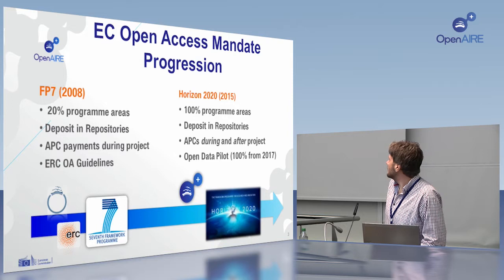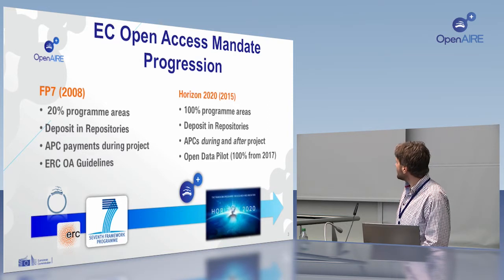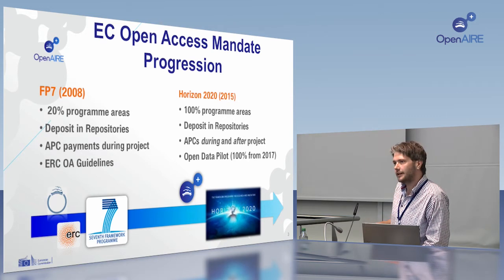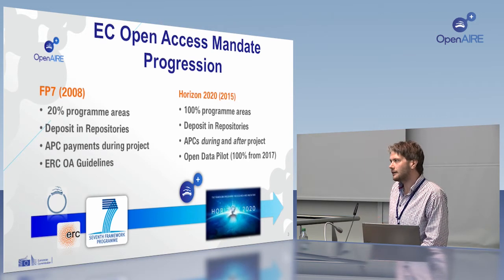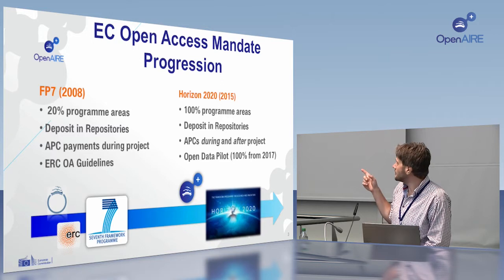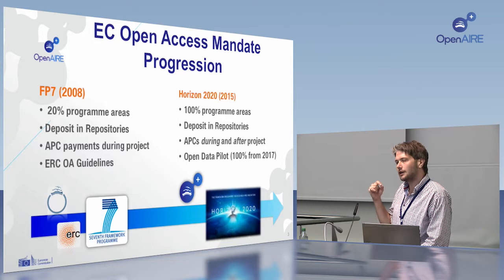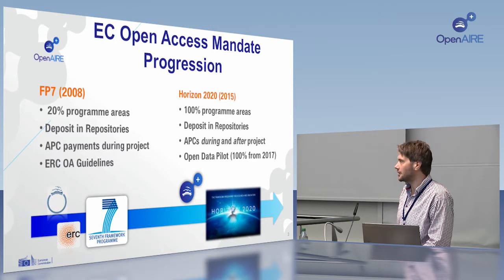And then becoming more progressive with open science, the European Commission at the start of this year had an open data pilot. This was for about 20% of projects in Horizon 2020. In the same way as the open access pilot, projects taking part in the pilot had to commit to making all the raw data that underpins claims in scientific publications openly accessible.